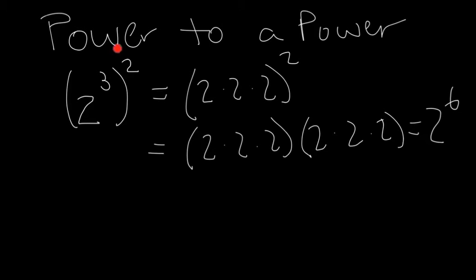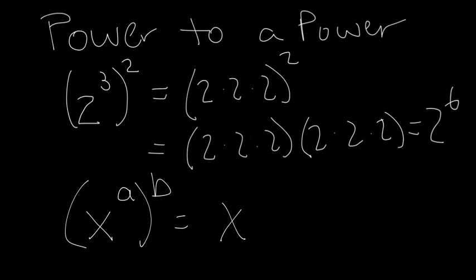Turns out when you have a power to a power like this, you can multiply the exponents. So x to the a to the b power would equal x to the a times b.